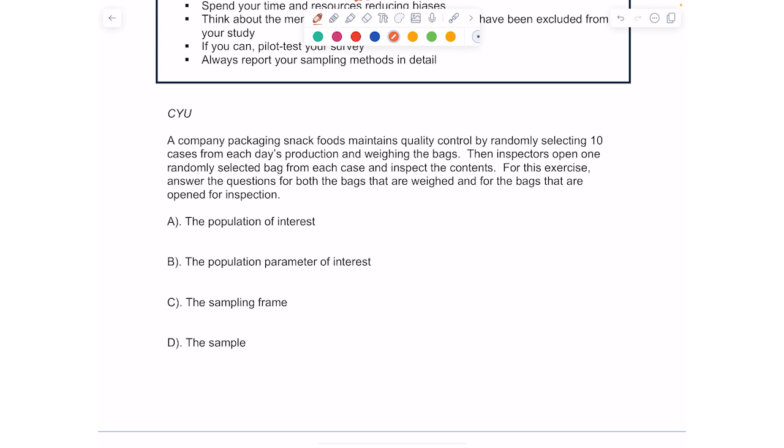Okay, so what would be my population of interest here? Obviously interested in the quality of the bags. So my population of interest would be all, okay, population refers to everyone, so all snack food bags produced in a day by this packaging company.